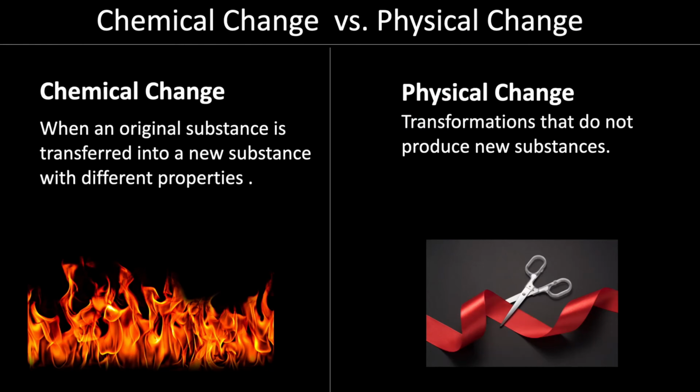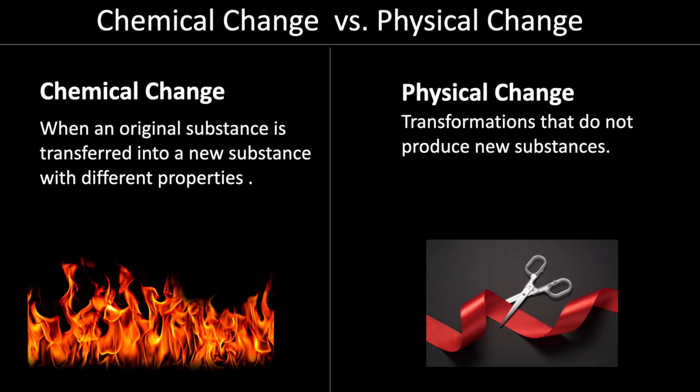You need to know the difference between a chemical change and a physical change. A chemical change is when an original substance is transformed into a new substance. Basically, a chemical change causes different properties in the substance. Let's look at a piece of paper. If you burn that piece of paper and it turns into ash, it has different properties now. That's a chemical change.